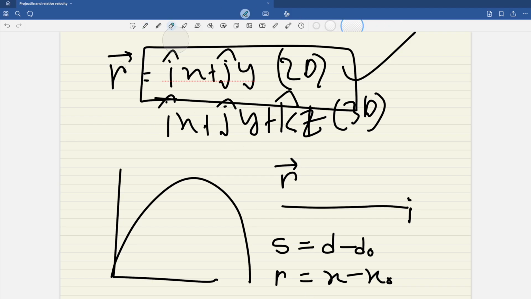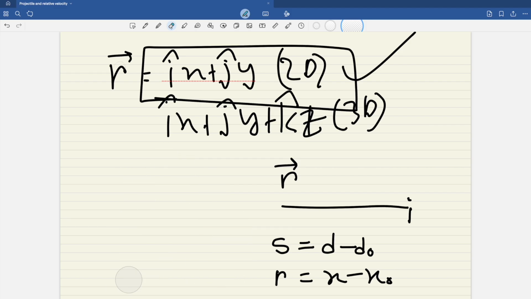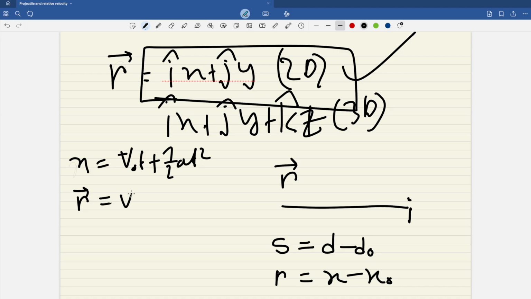So as we know that x equals v naught t plus half a t square, right? For the position vector, we'll be denoting this velocity as a vector quantity, half. Acceleration is also turned to be a vector, so this is the position vector.